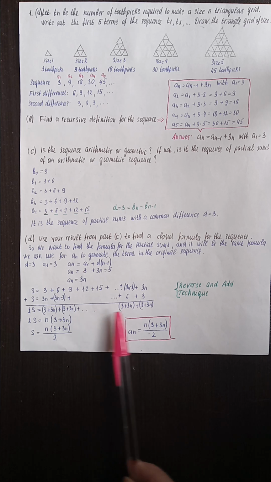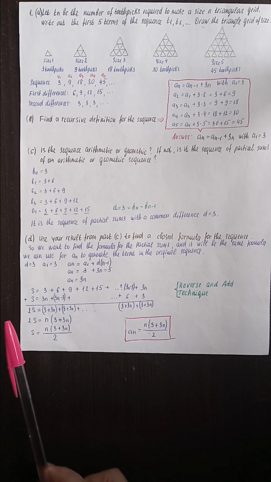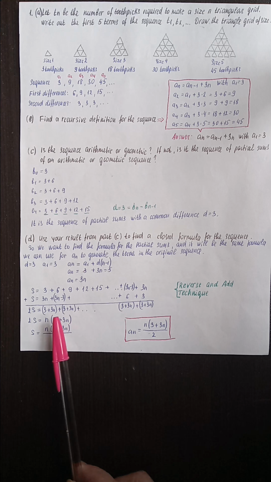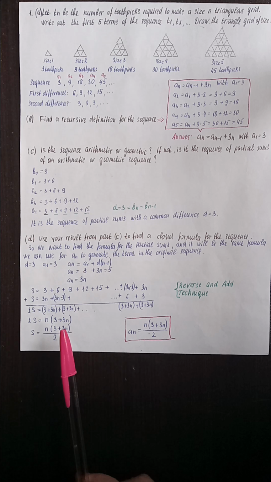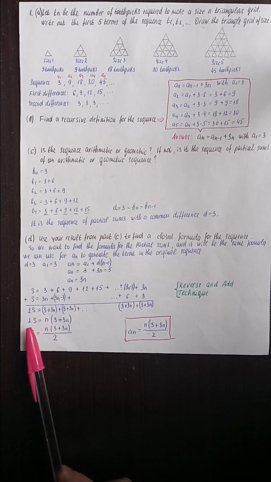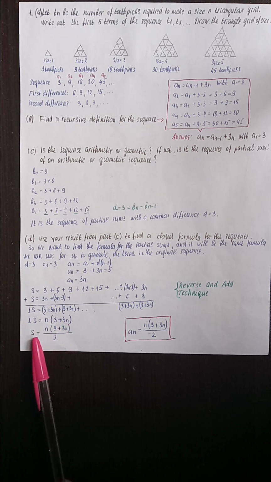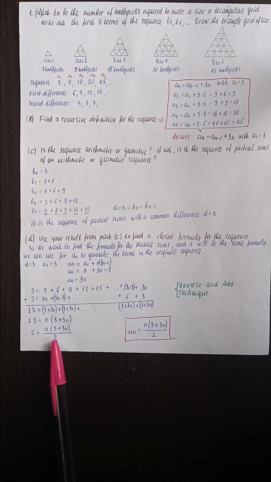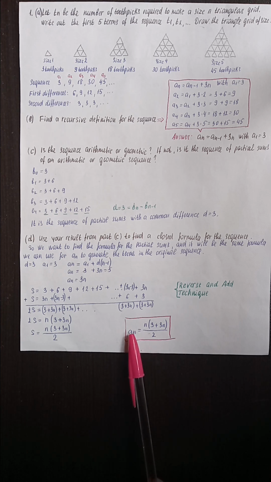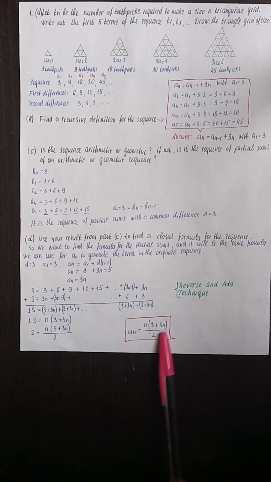So we have a bunch of 3 plus 3n, and there are n numbers, so we multiply n times 3 plus 3n, and we got our formula 2S equals n times 3 plus 3n. Divide both sides by 2, and we got the closed formula A sub n equals n times 3 plus 3n, all divided by 2.